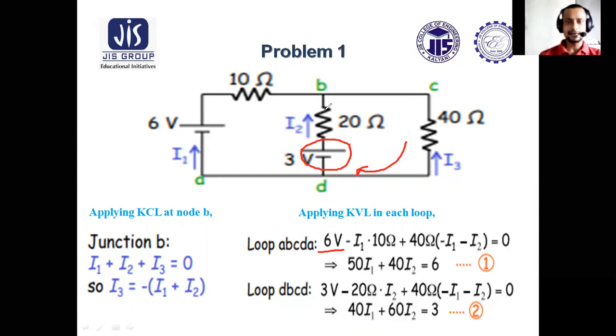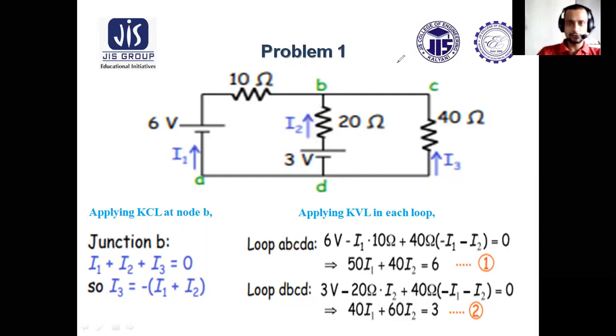But while assigning the sign of IR drop, the voltage drop across any resistor, direction of current should be there and direction of travel should be there. So for assigning the sign of EMF, only direction of travel is needed. To assign the sign of IR drop or voltage drop across a resistor, direction of current and direction of travel both are necessary.